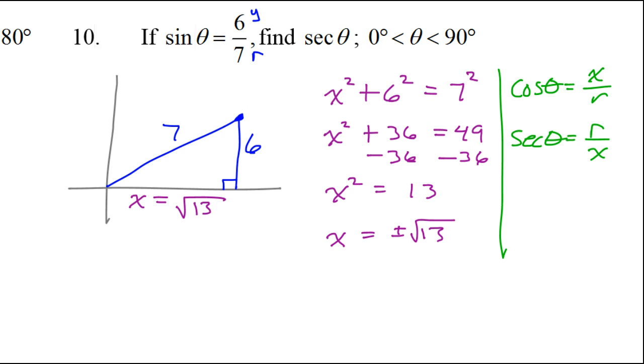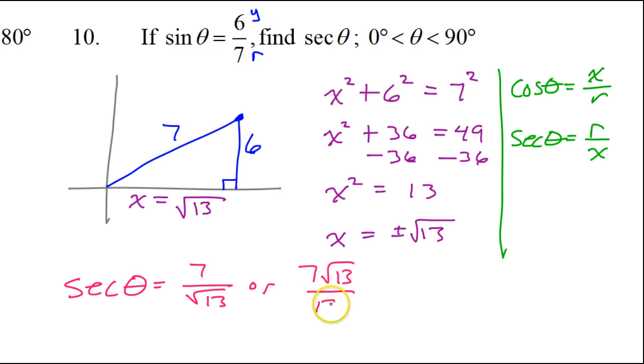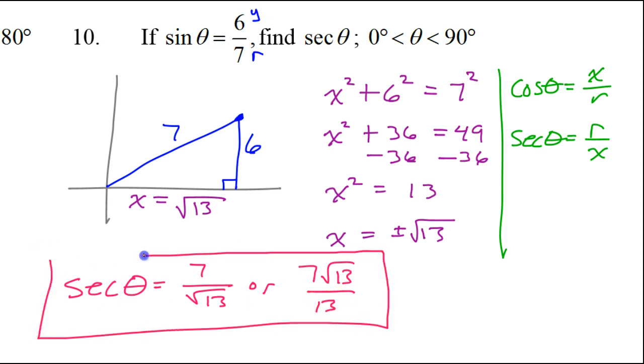So the secant of theta is going to be the radius over the x value. So that's going to be 7 over radical 13. Or if I rationalize the denominator by multiplying the numerator and denominator by radical 13, I get 7 radical 13 over 13. So that is the secant of theta.